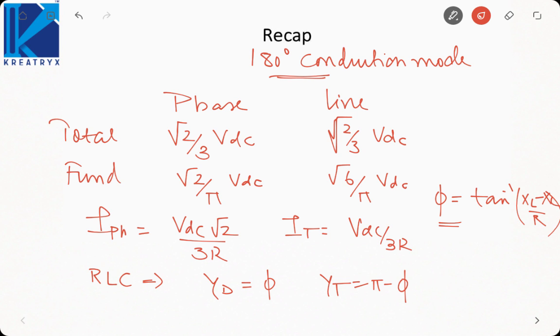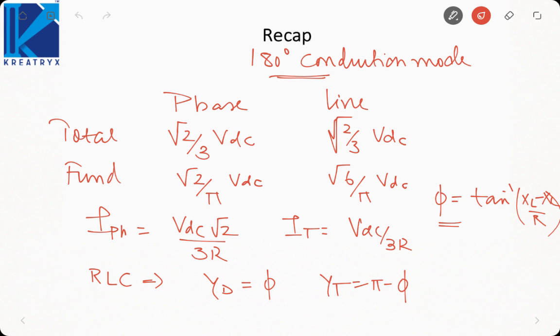Okay, that is why we need to provide some gap between the two conductions. We need to provide an interval in which one device can be turned off and other can be turned on, so that both are not conducting simultaneously. So what we do is we provide a 60 degree gap between the conduction of two SCRs, due to which now one SCR only conducts for 120 degree duration and rest is given as the gap between the two conduction, which leads to 120 degree conduction mode.